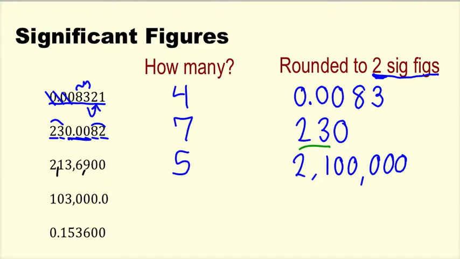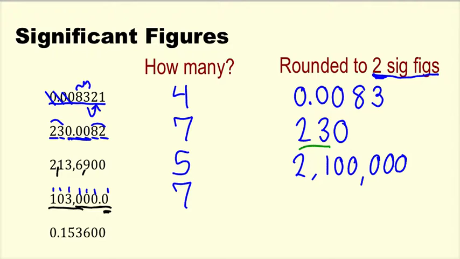This number right here has a decimal point in it. That means that they measured out to this many zeros. That last one is the estimated one. They wouldn't give us 0.0 if they hadn't measured out to that precise measurement. So if I was rounding, it has 1, 2, 3, 4, 5, 6, 7 sig figs.